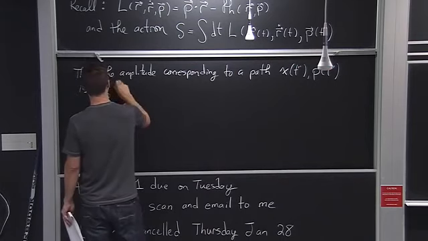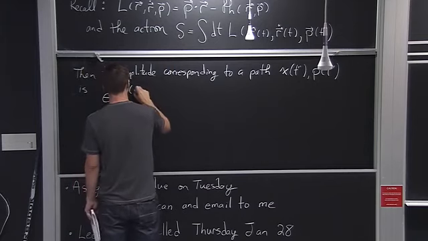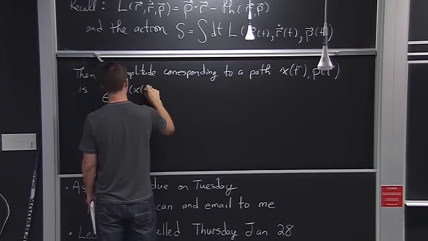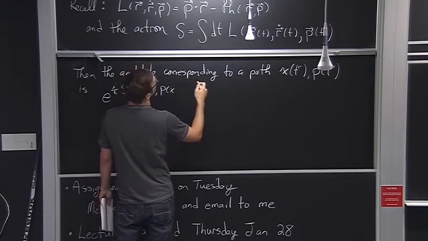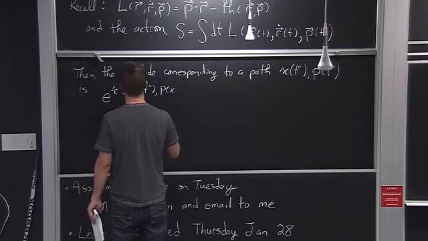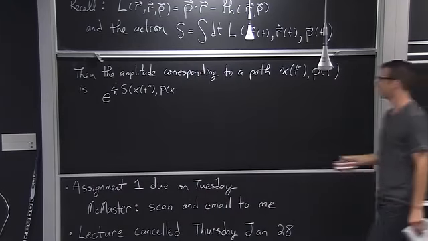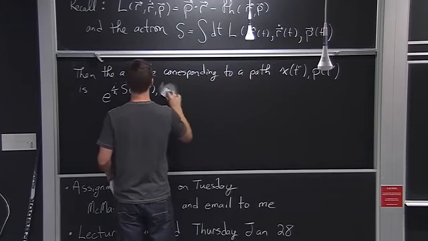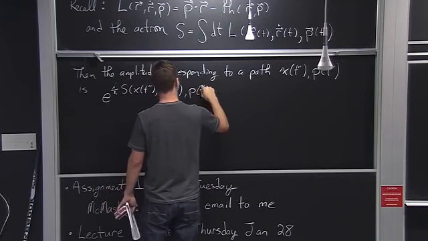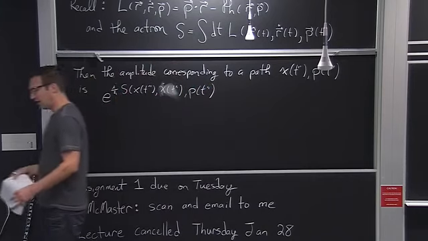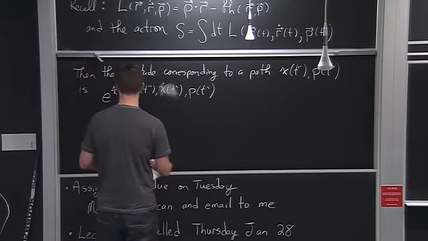So it's just something like e to the i over h bar times an action, which in my case is a function of x and p, I guess. Oh, I have an x dot in there too. And that weights the path that should be integrated over.